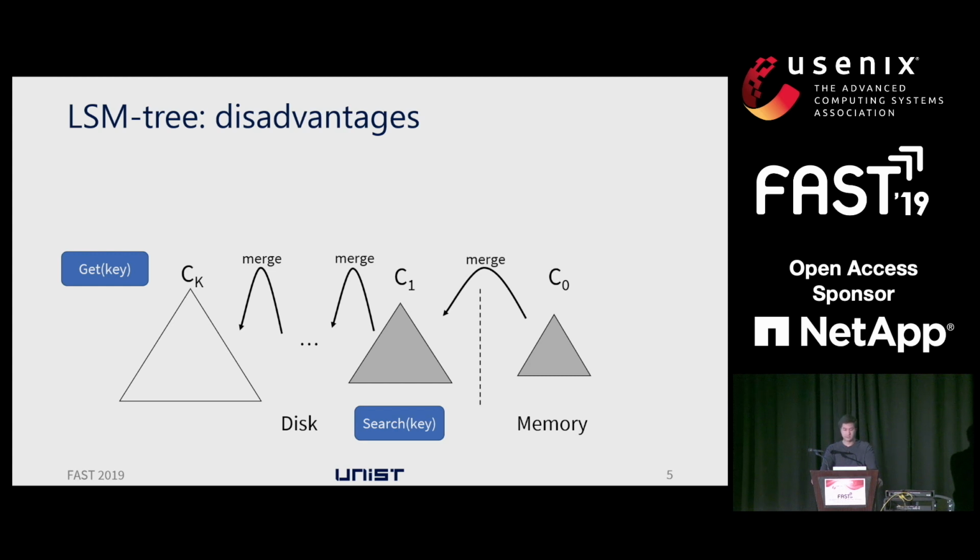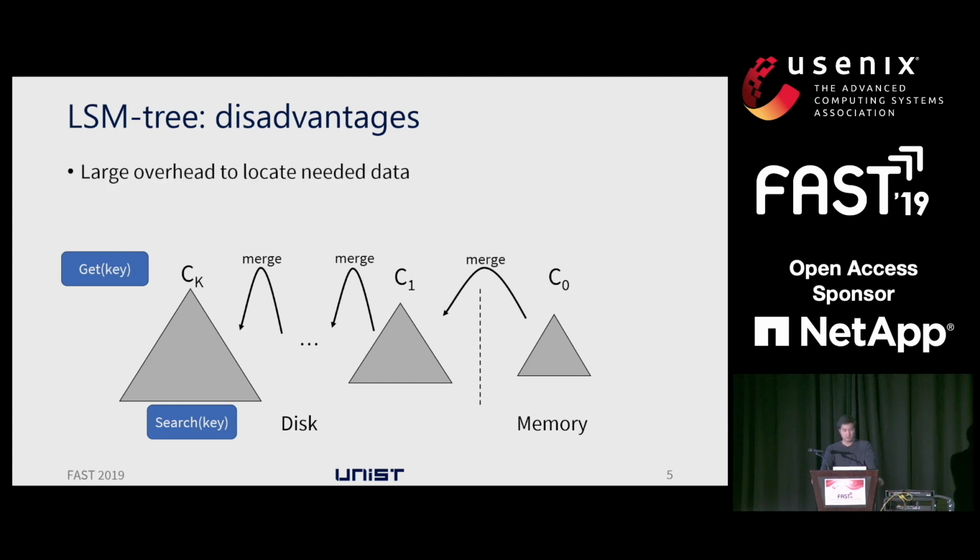In the worst case, it can end up searching all the components in the LSM tree, so it's quite an overhead. Also, it does these batch merges from component to component, frequently overwriting the same data all over again, and that leads to high disk write amplification.